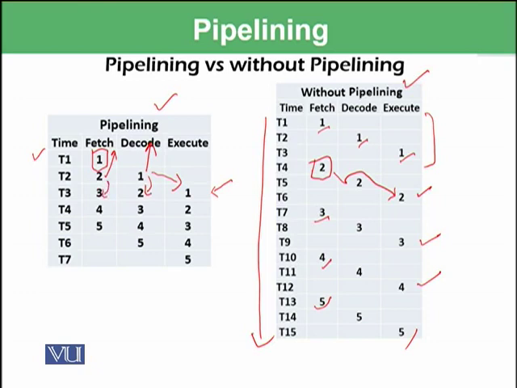In such a scenario, we finish the execution of all 5 instructions in only 7 time slots. If these are nanoseconds, here we require 7 nanoseconds, and there we need 15 nanoseconds for just 5 instructions.